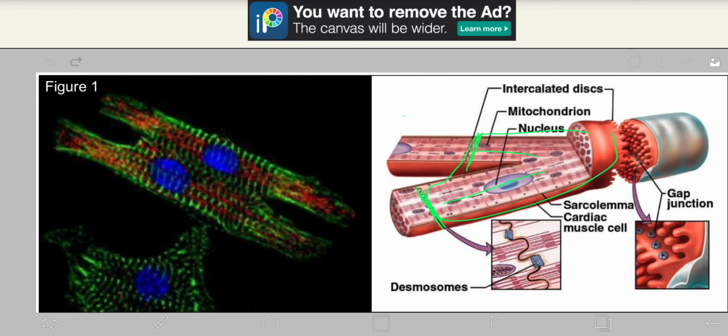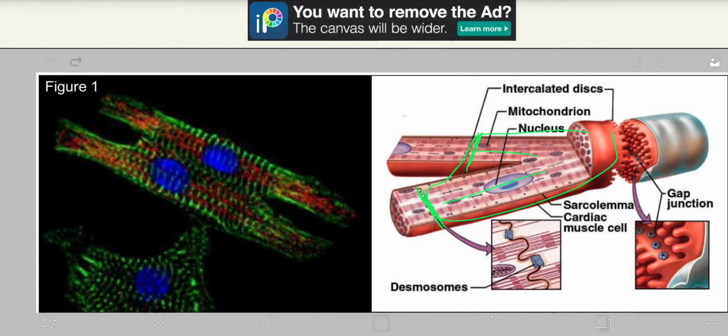So the pacemaker cells are kind of like a specialized cardiomyocyte. Originally it was a cardiomyocyte, but then it changed into a pacemaker cell. So it kind of looks like a cardiomyocyte, but it doesn't have those myofibrils that contract.